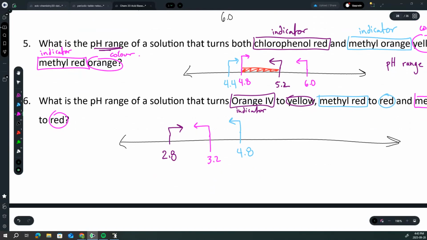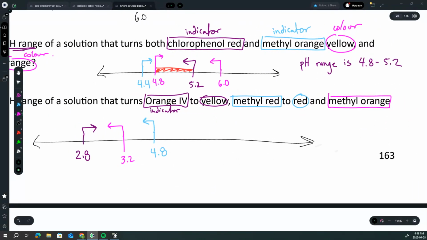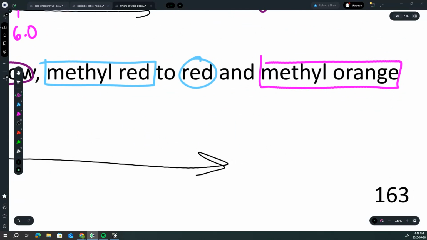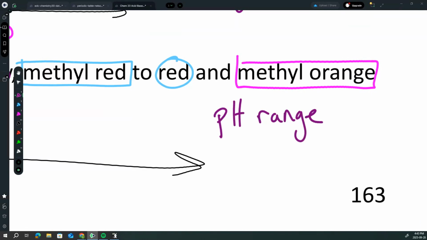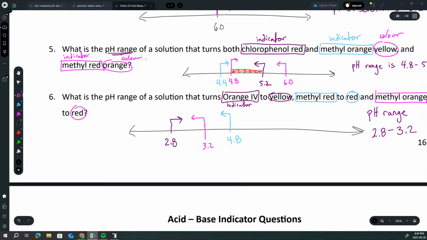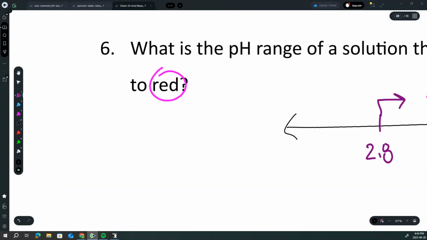The two closest arrows that are facing each other are between 2.8 and 3.2, so that's the range of the pH based off of the evidence we got from our indicators. So pH range 2.8 to 3.2. Done.